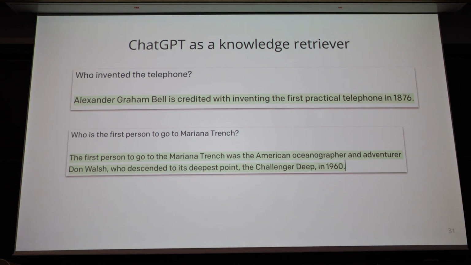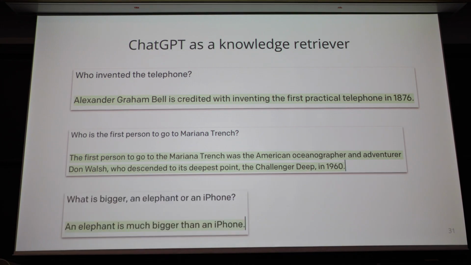Whatever it outputs. And one interesting thing is it's not necessary that all this factual information has to be in the same document. So for example, I'm guessing that for the inventor of the telephone being Alexander Graham Bell, you'd most likely find a document which contains both the question and the answer. But for something like what is bigger, an elephant or an iPhone, I doubt there's a single document which has this.